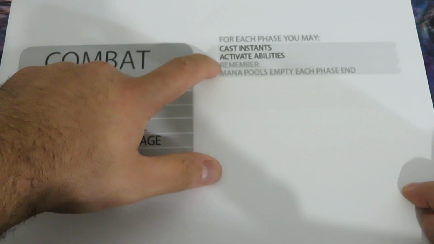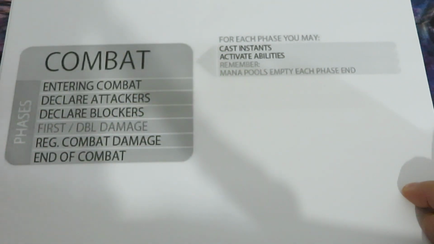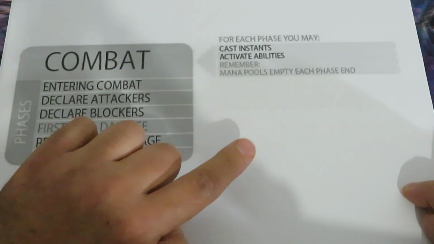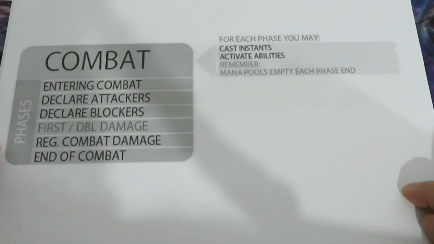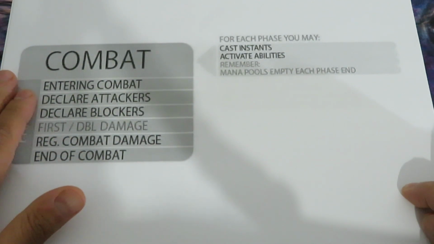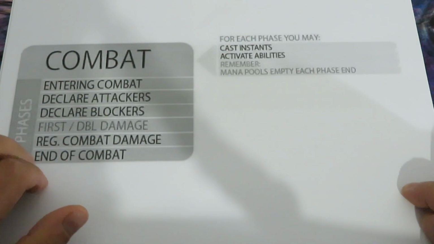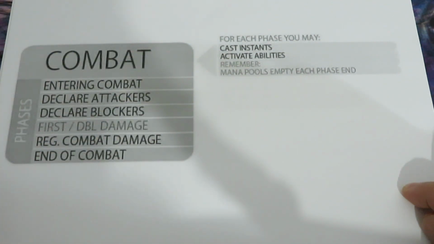There are activated abilities from when a creature attacks or at the beginning of your combat. And you have to remember that after each phase, the mana pool empties at the phase end. Therefore, if at the first main you had any mana in your mana pool, it will empty as soon as you go to combat.